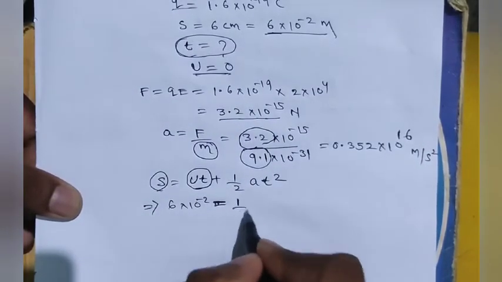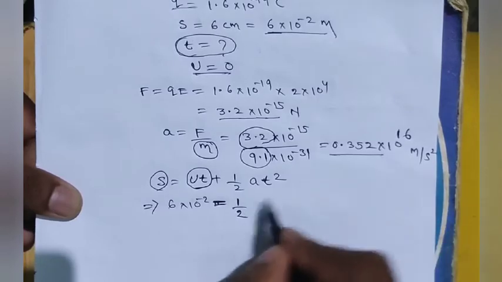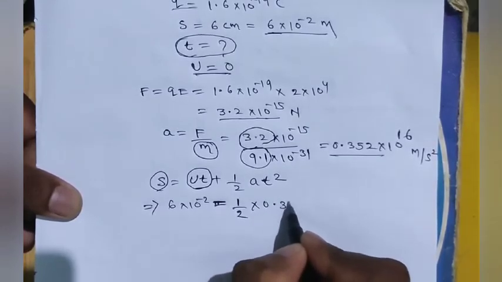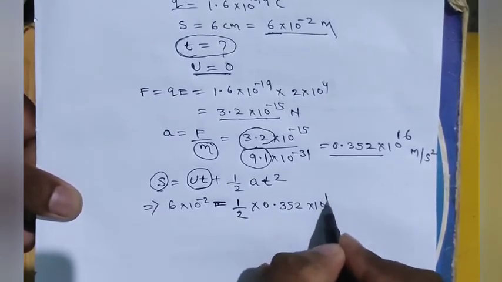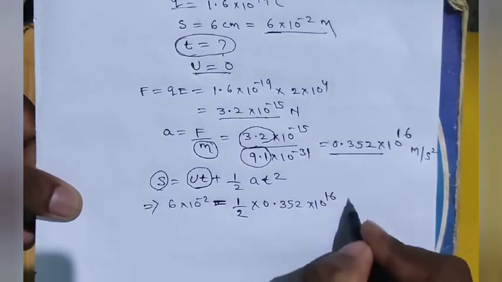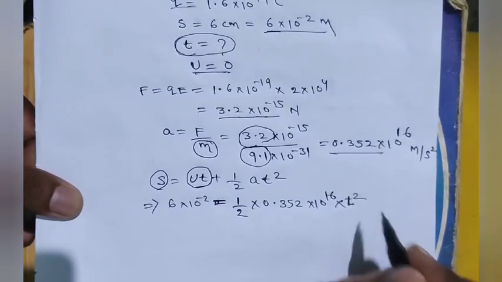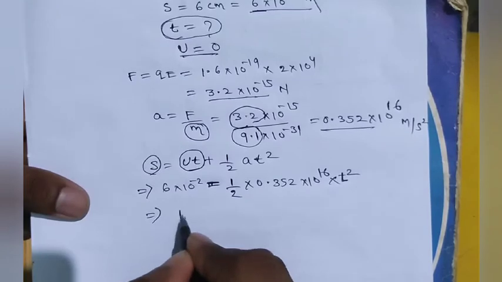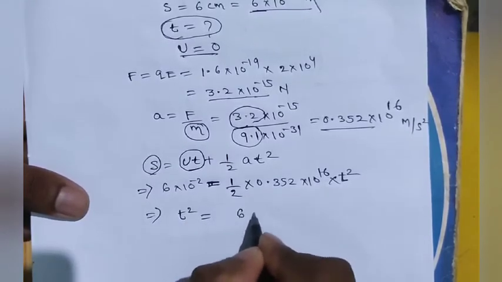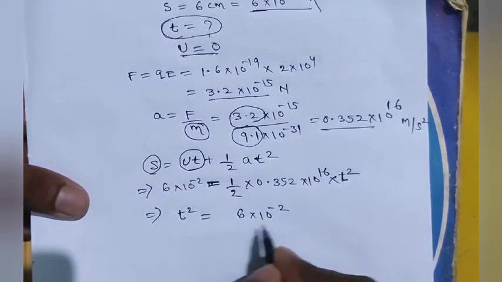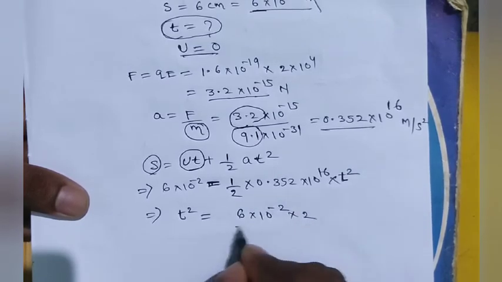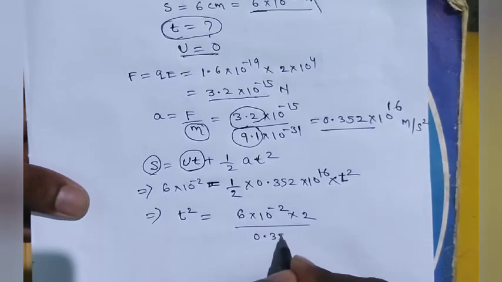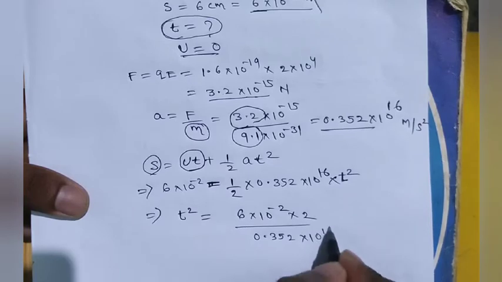So half acceleration is how much? 0.352 into 10 to the power 16, and t square we have to find. So then what will be the value of t square? So t square will be 6 into 10 to the power minus 2 into 2 by 0.352 into 10 to the power 16.